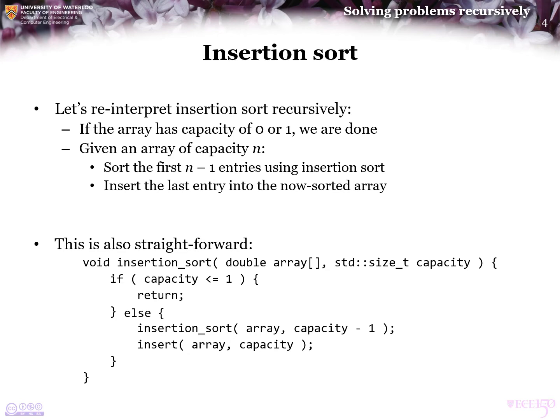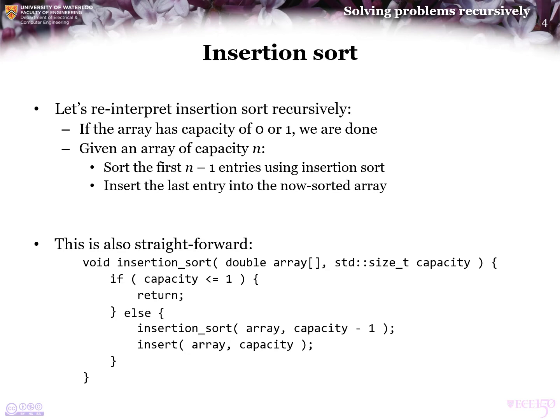We then call insert on the array with 2, which places the second entry into the appropriate location to sort the first 2 entries. Now the first 2 entries are sorted, so we're back to the call when the second argument is 3. We insert the third entry into the first 2 entries, which are now sorted, and once that insert call returns, the first 3 entries are sorted, so we return again.